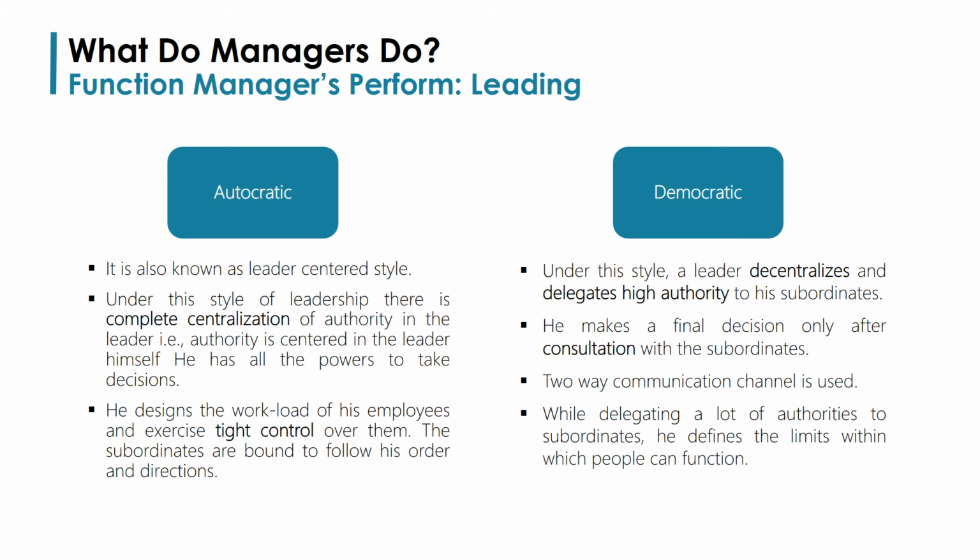A democratic leader has a two-way communication channel, with delegation of authority and common decision-making in consultation with the subordinates, and people can function appropriately under his reign. There is a limit within which people can function. So the democratic is almost on the other side of the equation from the autocratic style.